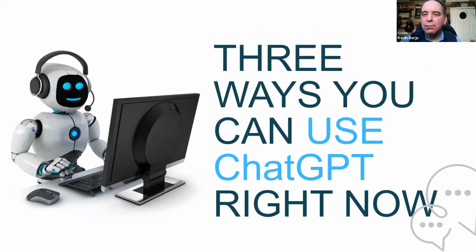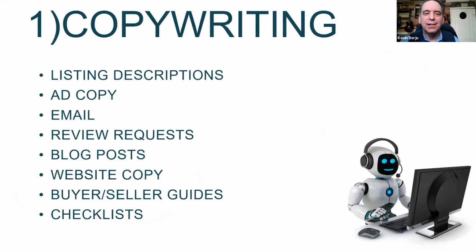All right. So how do you use this? Here are three ways you can use ChatGPT right now. The first is copywriting. I know so many agents who sweat and stress over writing copy when they'd rather be doing the work of finding clients and helping them buy or sell homes, right?